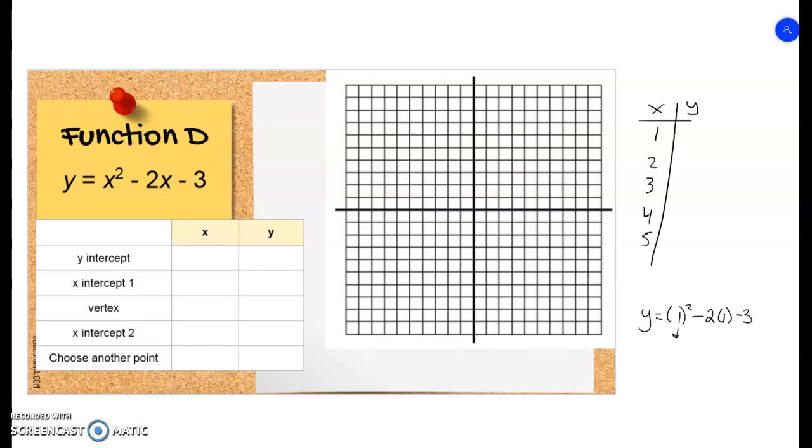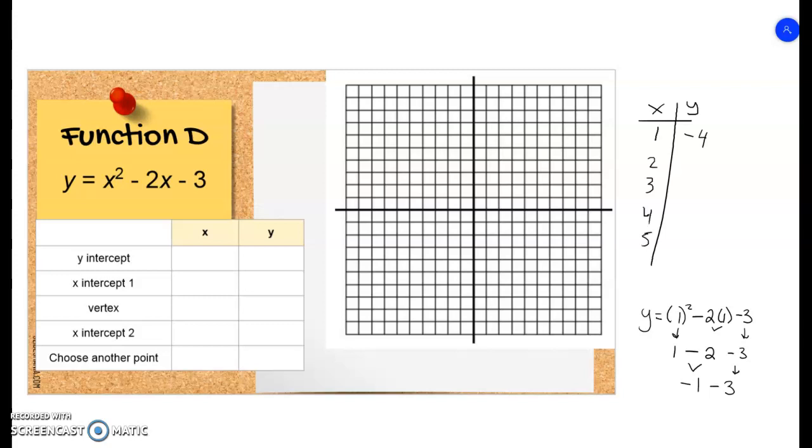Well, 1 squared is 1, and a negative times a positive is going to give me a negative. 2 times 1 is 2, and I'm going to bring down my minus 3. So 1 minus 2 is negative 1, and if I subtract 3 more, I'm going to have a negative 4.